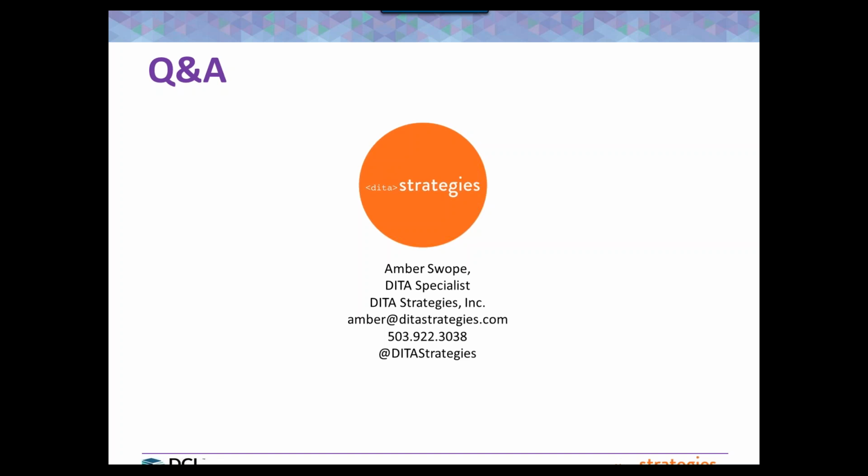Great, thank you, Amber. The next question that has come in is, can I have language-specific output class values? So can I have multiple output class values that are language-specific? Yeah. The reality is that output class is an attribute, so you can have multiple values, but there's not a way to put a condition on those.